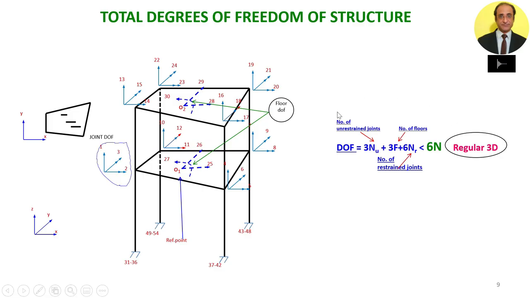This number is given by an expression: first we find how many unrestrained joints there are, each having 3 joint degrees of freedom. Then we find how many floors there are, each having 3 floor degrees of freedom, and then there are degrees of freedom associated with the reactions. So it will be less than 6n in the case of regular 3D structures. With this, we will begin the formulations in the next class.